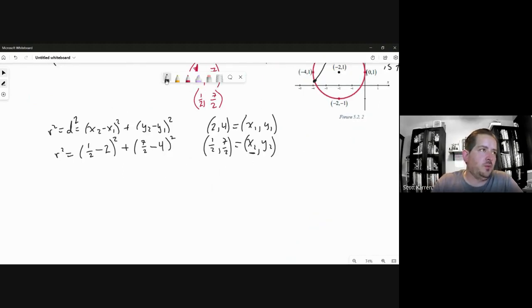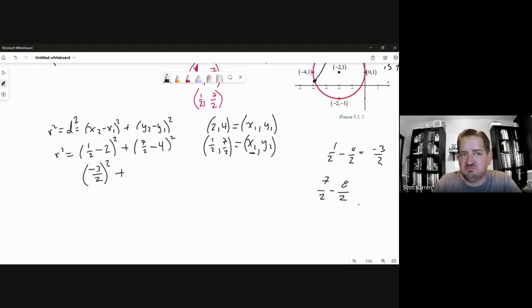And then I simplify 1/2 minus 2. If I look at 2 in the form of 4 over 2, I get negative 3/2. So this is negative 3/2 squared. Plus, and if I look at 7/2 minus 4, but instead of 4, I'm going to look at it as 8/2. Still 4, but it's over 2, so I can combine these. That's negative 1/2.